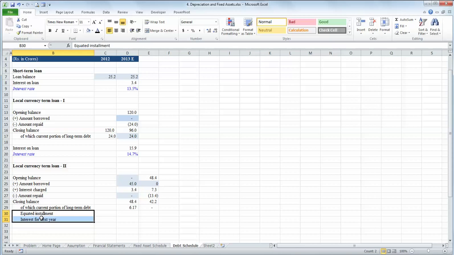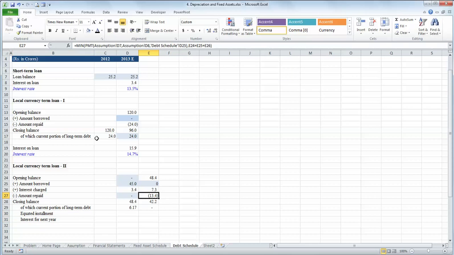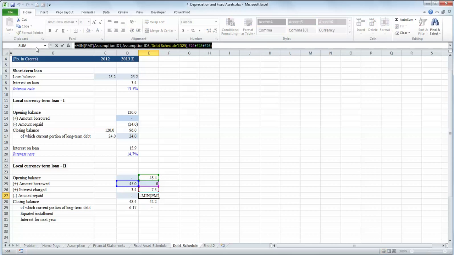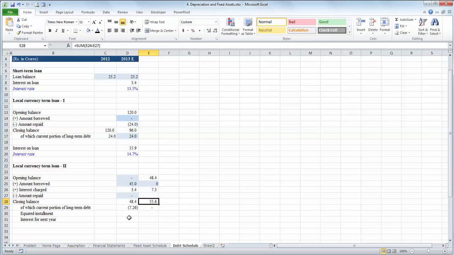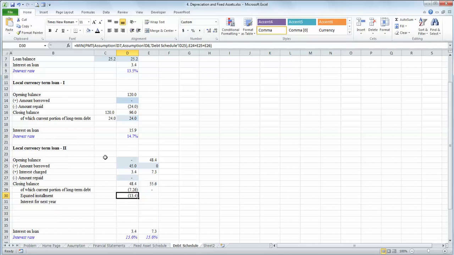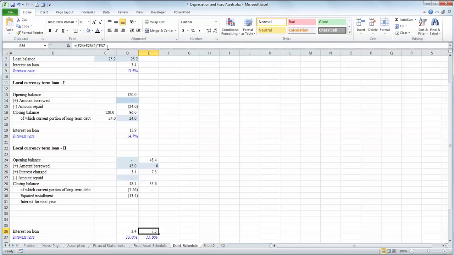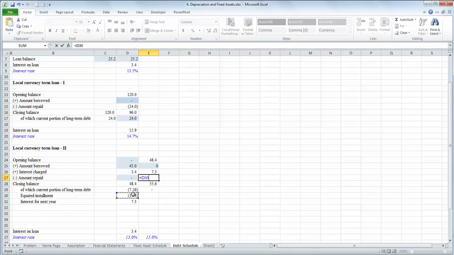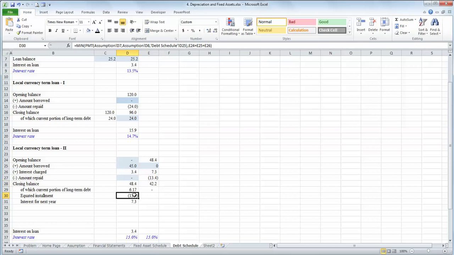So the equity installment, we'll copy it from what we just have and paste it over here in the 2013 column, and the interest calculation which we have in the interest on loan section, we'll copy it and paste it over here in the 2013 column. We may then link the interest to 2013 and repayment as well to the previous year, and this calculation will ensure that even if your loan repayment exceeds that particular tenure, our calculations will sound appropriate.